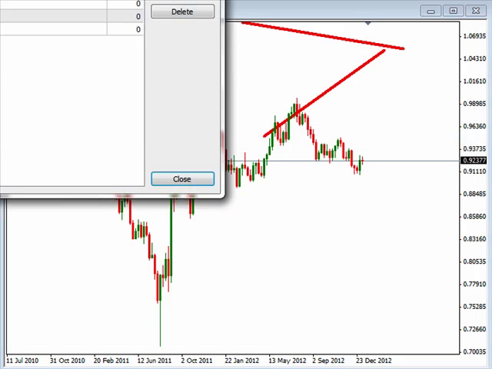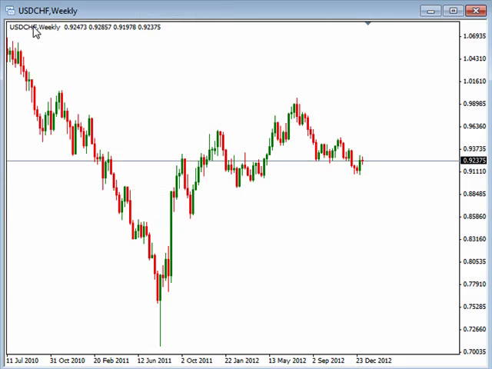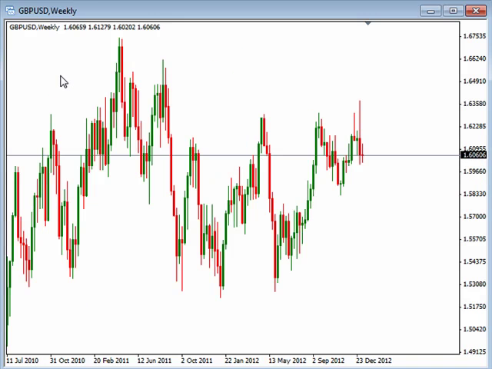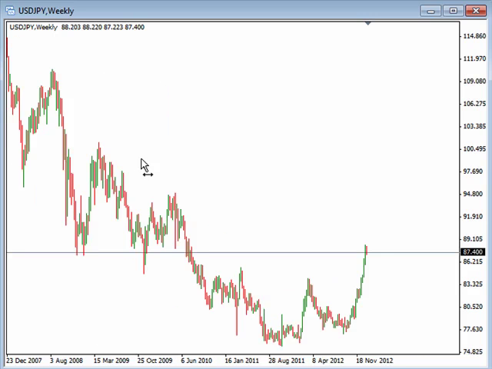Here is the weekly US Swiss franc. And you can see that our lows are getting lower and our highs are getting lower, so it's starting to trend down a little bit there. Pound dollar, again, that triangle formation, looking for a breakout. US Japanese yen, again, this one's really difficult, even on the weekly chart, to find strong areas of support.